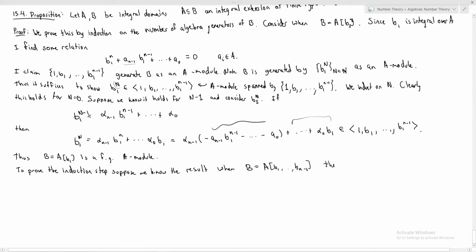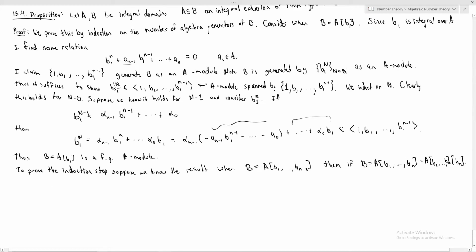Then if B is now generated by little n elements, this is just this, but with one other generator.